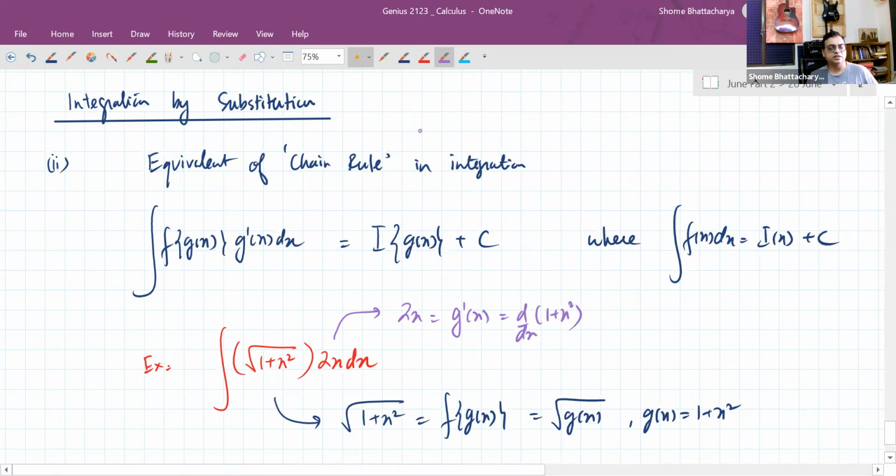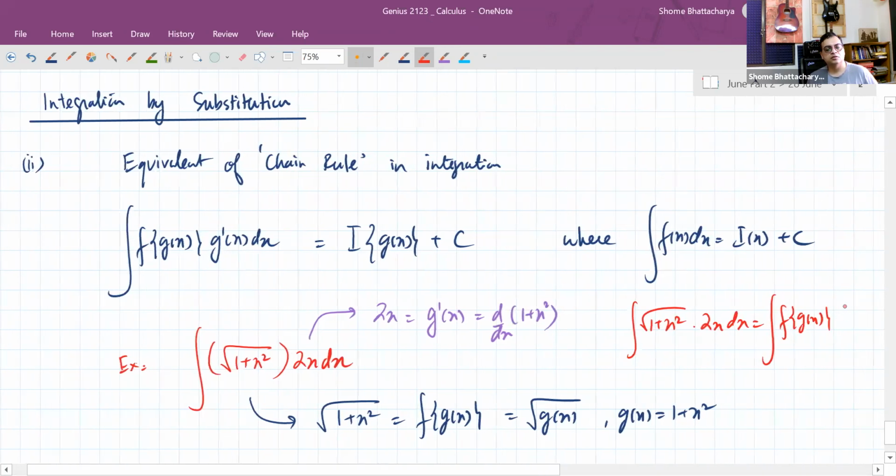So that's how this integration fits this kind of format: f of g(x) into g prime x, the derivative of the inside function.